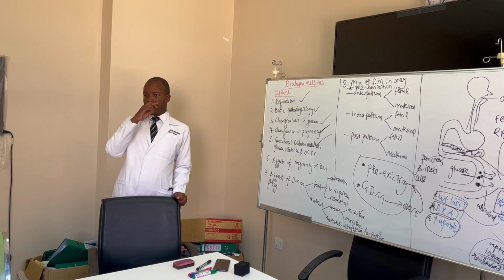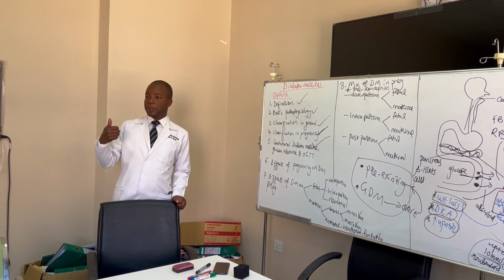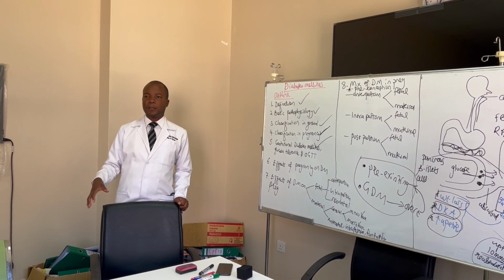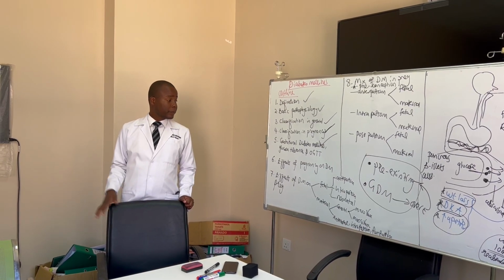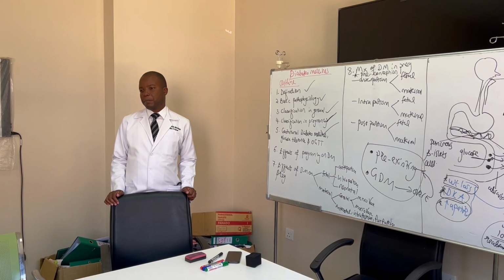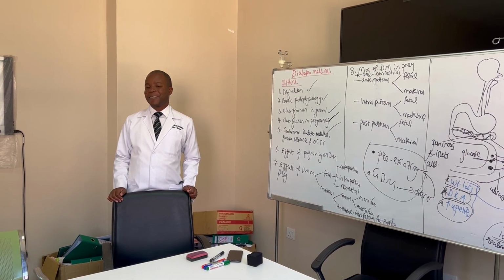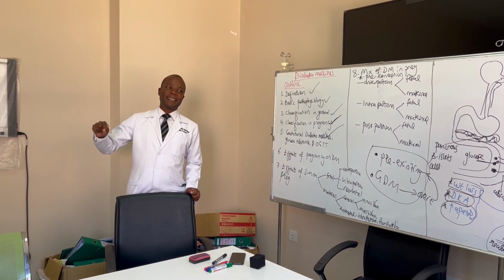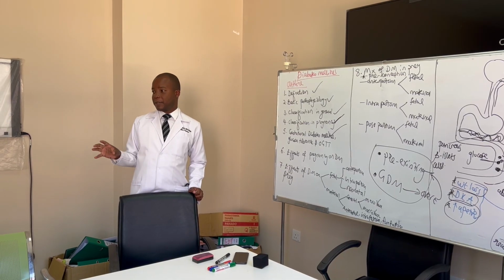Glucose intolerance of variable severity with onset or first recognition in pregnancy. Similar definition to peripartum diabetes, peripartum dilated cardiomyopathy, if you are to define it.